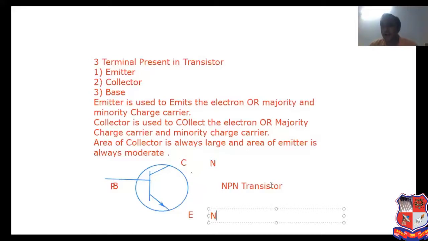Now, what is the other type of transistor, which is known as PNP transistor? In PNP transistor, the symbol is like that.